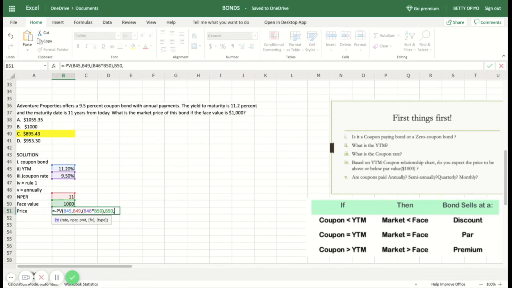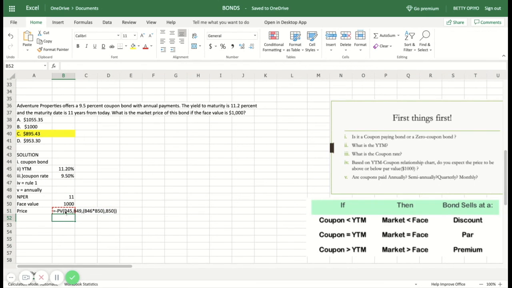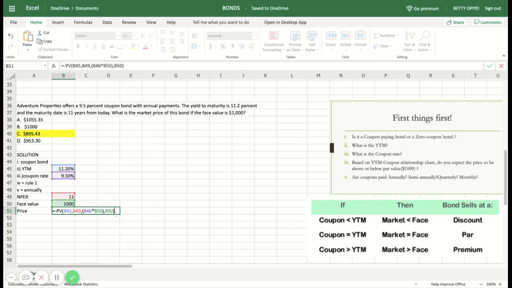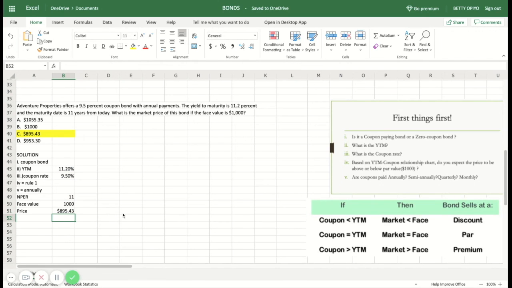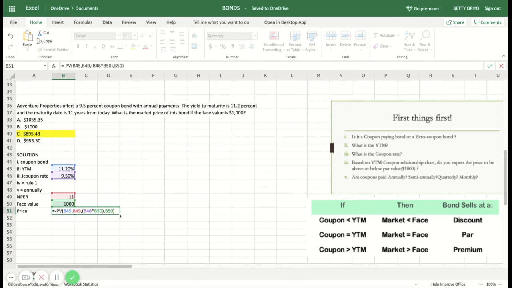You can either put comma 0 or just ignore it. It doesn't change anything. And then probably gonna need one more parenthesis. Okay, let's see. Just a second. I think I should delete one parenthesis. Yeah, there we go. So as you can see, we have PV, the rate.